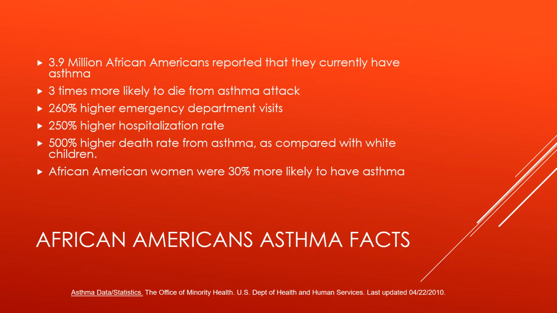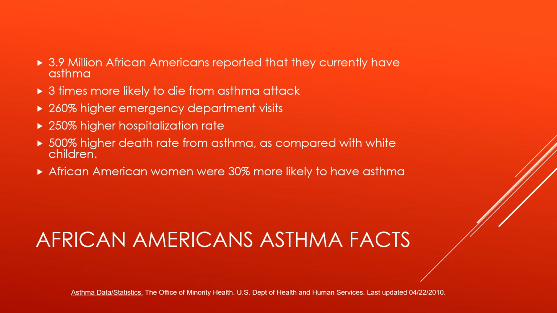So statistically, all of these numbers are really troubling, and you wonder why. Why is this happening? Like I said before, the genetics really don't have a lot to do with it. If you're predisposed, I don't care if you're white, black, Hispanic, Asian, if your parents have it and your mom had it, your dad had it, genetically you're predisposed.